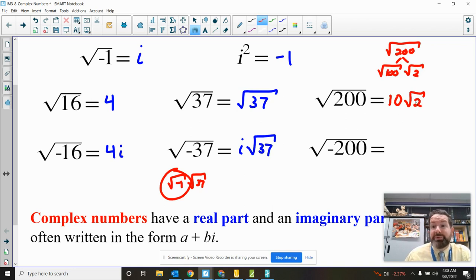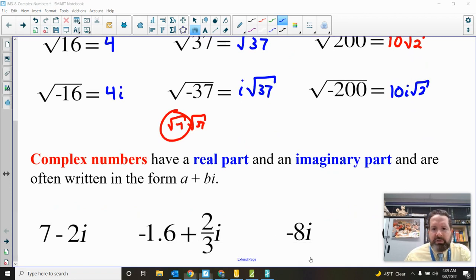So that's what square root of 200 looks like if you simplify it. So square root of -200 is the same thing, but with an i in it. Now, where you put the i, it doesn't really matter, but typically we'll do it here. So after the 10, but before the root. So the letter i will typically show up right in front of the square root when you are simplifying.